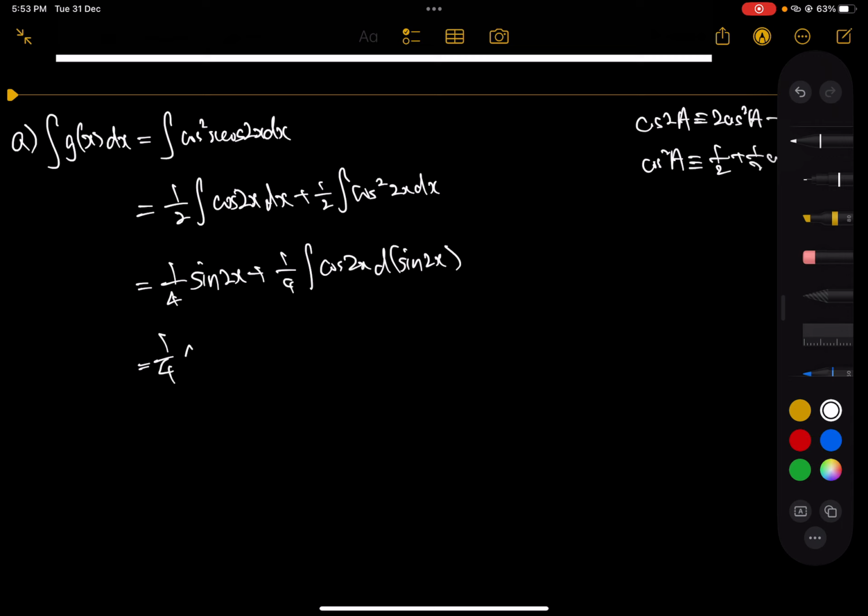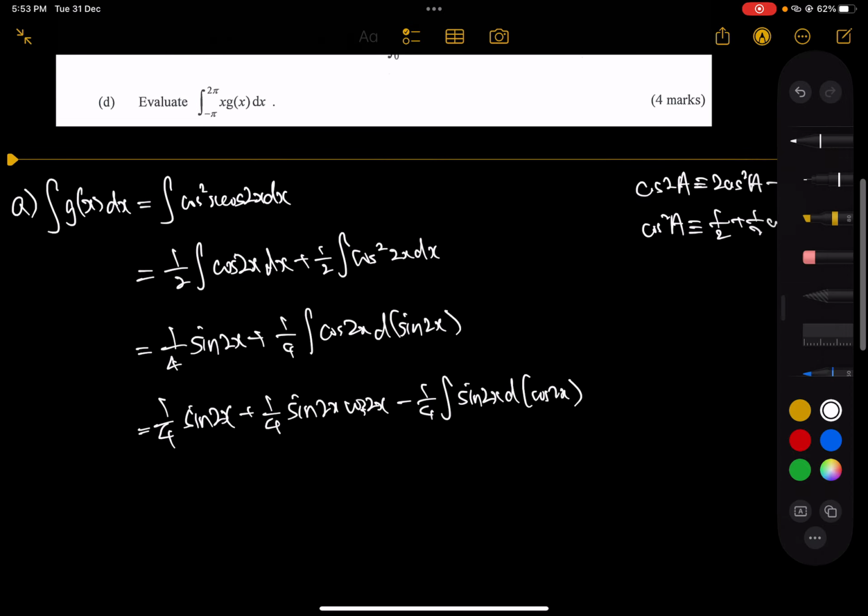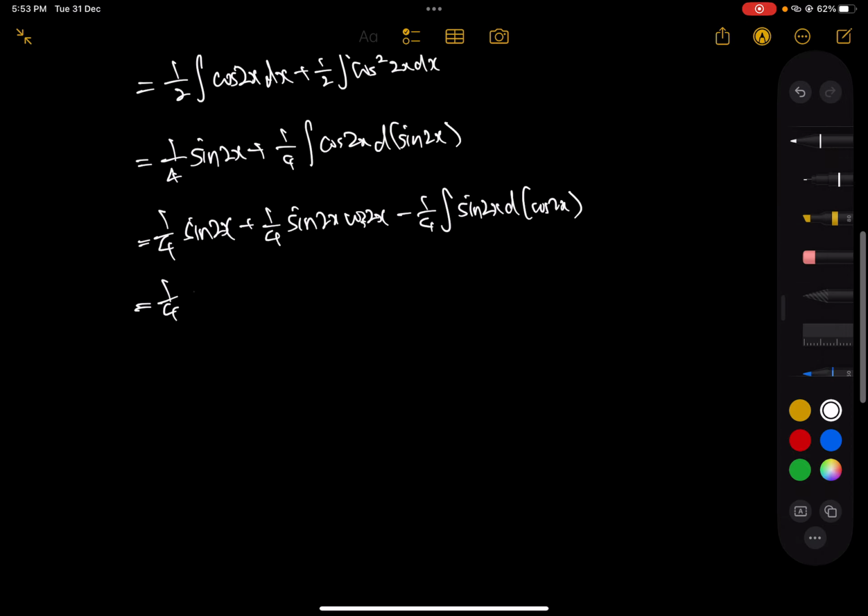So we have plus 1 over 2 sine 2x cosine 2x minus 1 over 4 sine 2x d cosine 2x. And then here we could use the same identity again.